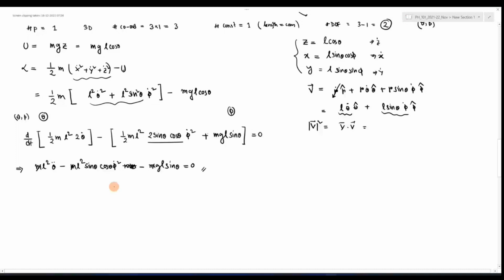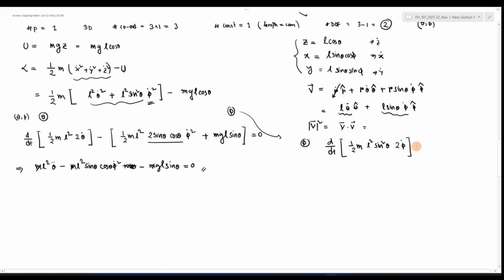Okay. So next, to write the equation for the phi generalized coordinate, this will be d/dt of, only phi dot is in this term, so half m L square sin square theta times the derivative of phi dot square, which will give us 2 phi dot.